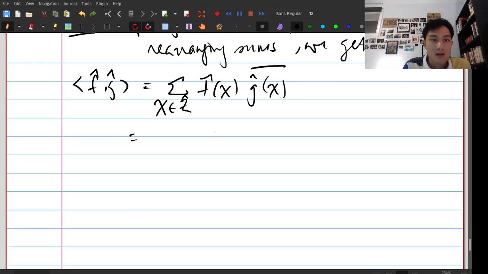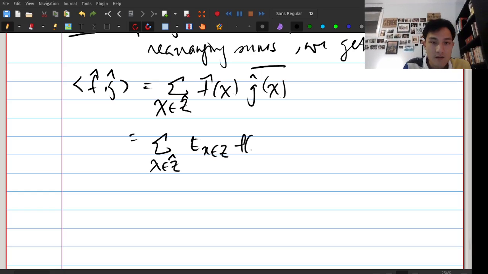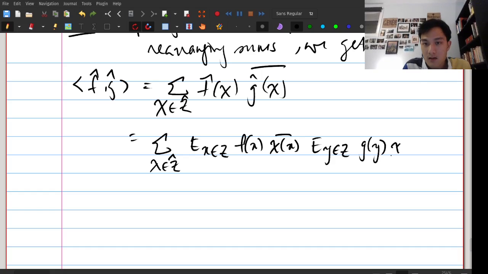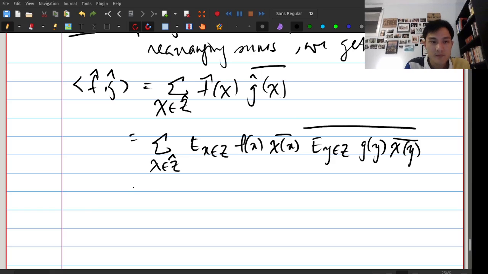Now let's expand this out. The sum stays the same, but f hat of chi is the expectation over x in Z of f of x, chi of x bar. And g hat is the same thing, using a different variable y in Z: g of y, chi of y bar. But this whole thing is barred.